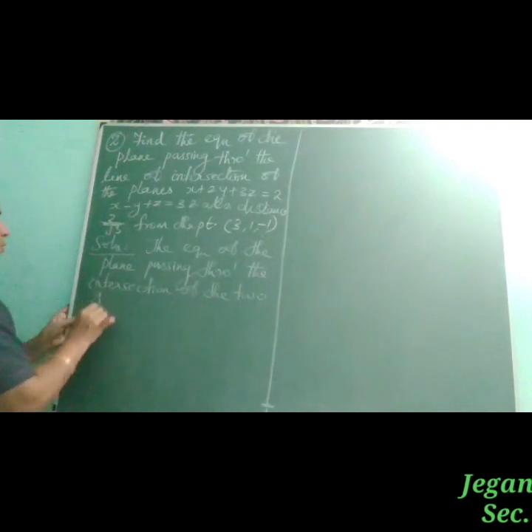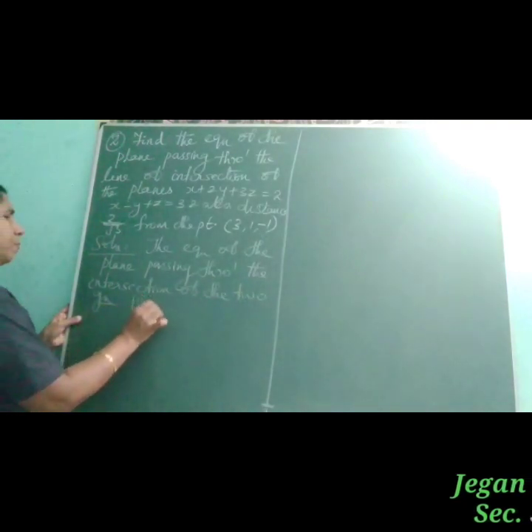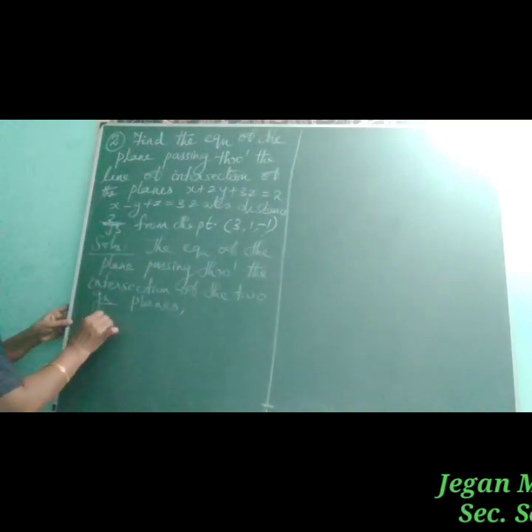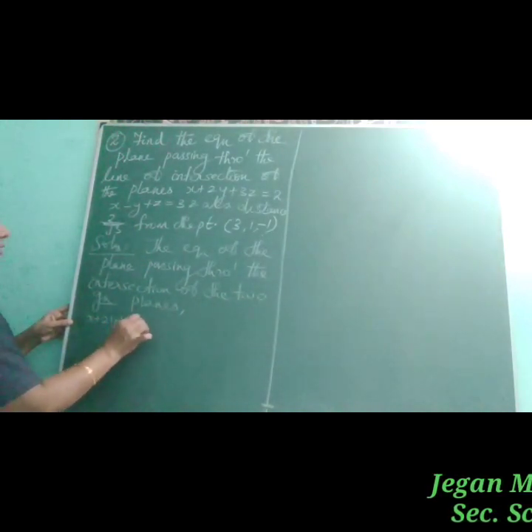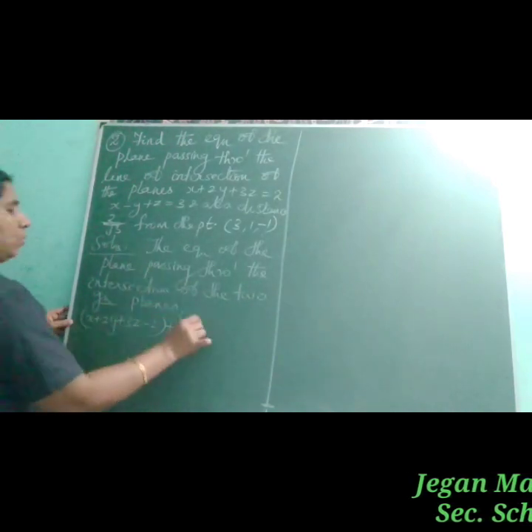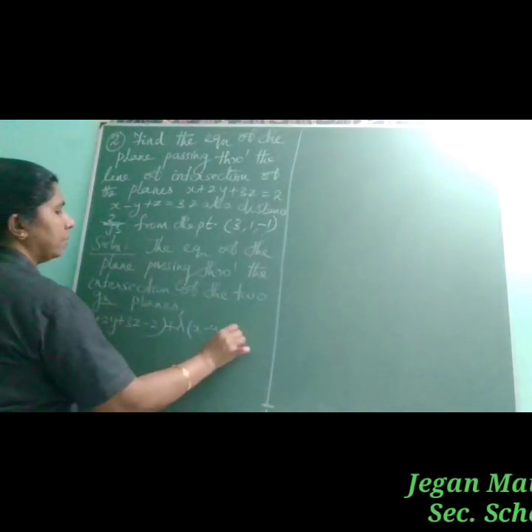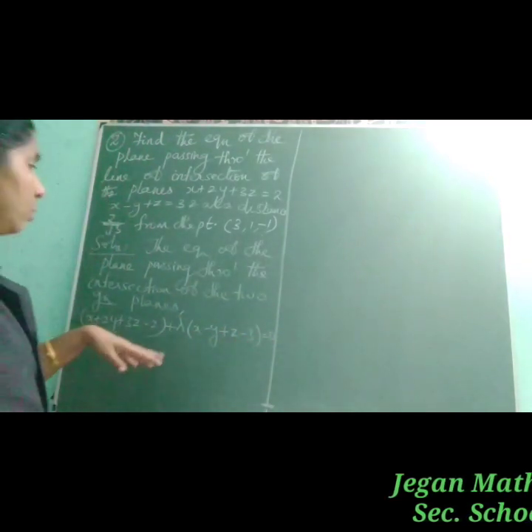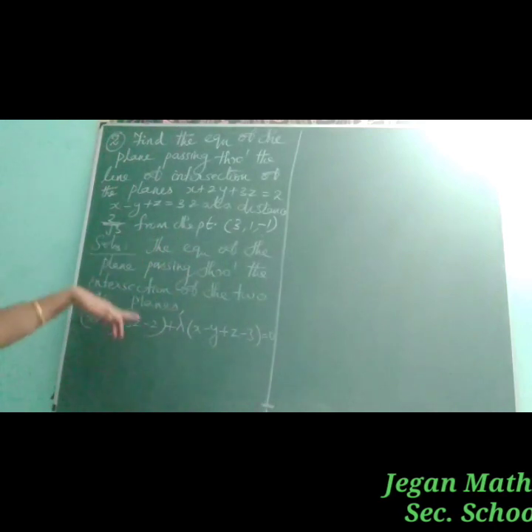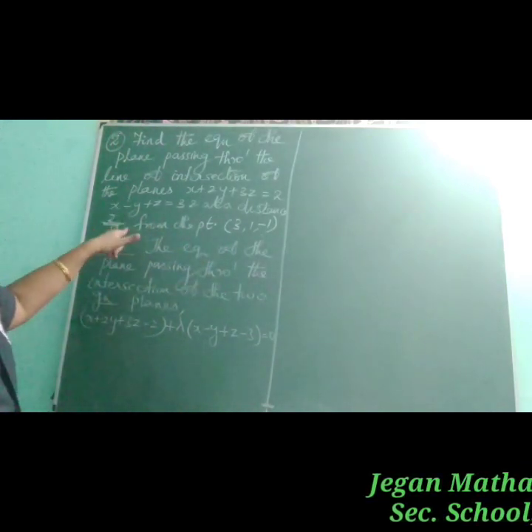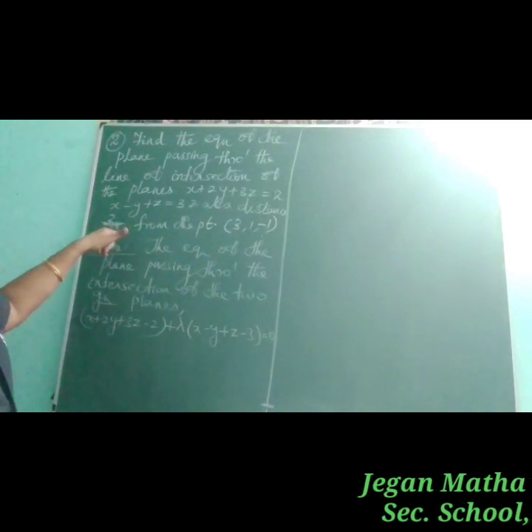The two given planes can be written as x plus 2y plus 3z minus 2 plus lambda into x minus y plus z minus 3 equal to 0. So in this question, the point it passes through is not given. The distance from the point is 2 by root 3.